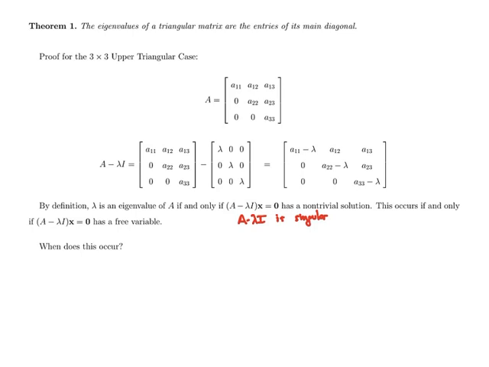And again, this is going to occur if and only if A minus lambda I x equals 0 has a free variable. Since this is in echelon form, we can see when this is going to have a free variable. And that is going to occur when the main diagonal entries are 0.